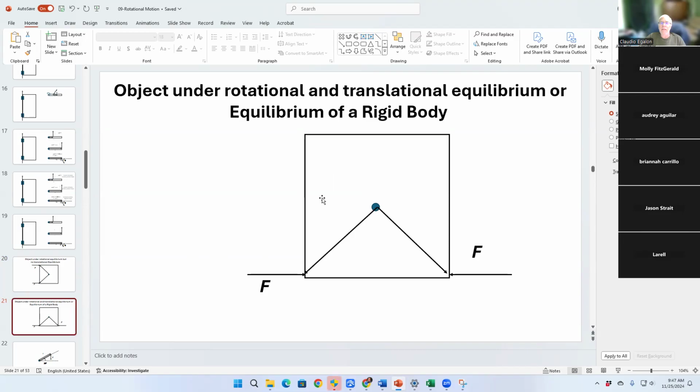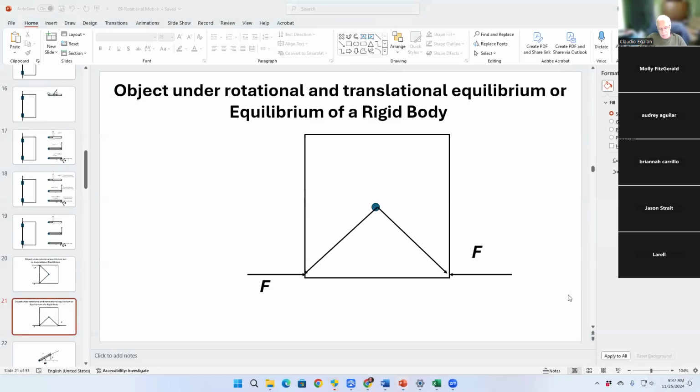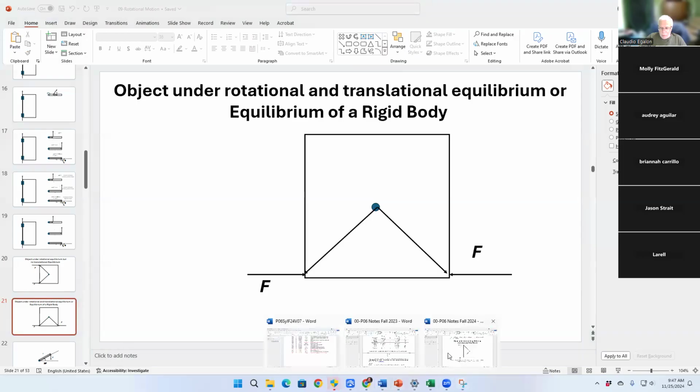Object under rotational and translational equilibrium. That's net equilibrium. Example. And we are going to show another one.